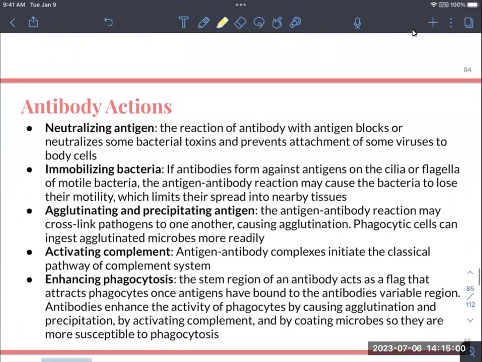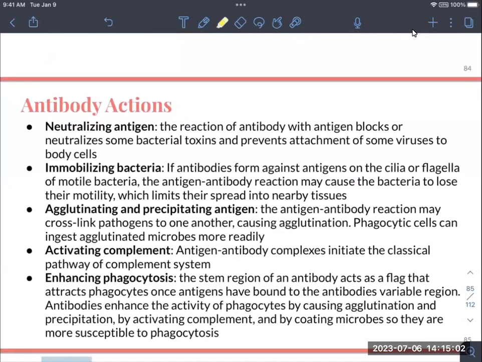We have neutralization. Neutralization is the reaction where the antibody binds the antigen, and they block or neutralize bacterial toxins. It can also prevent viruses from attaching to our specific cells and invading our cells.